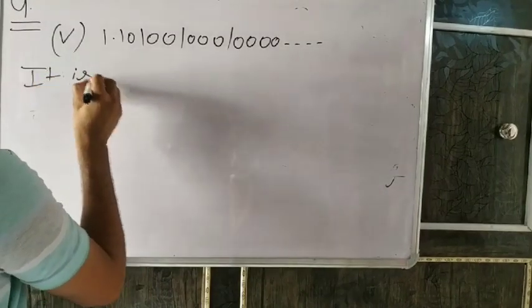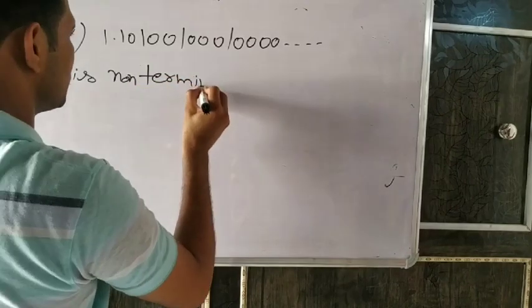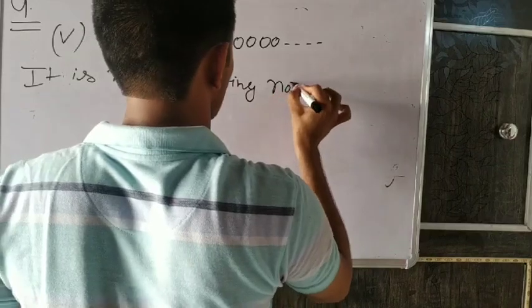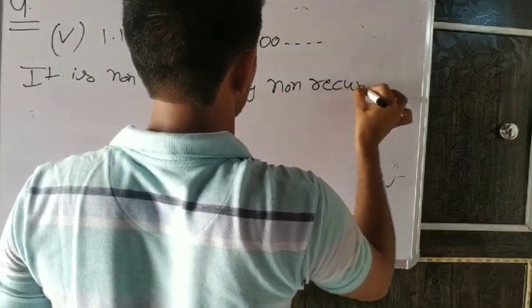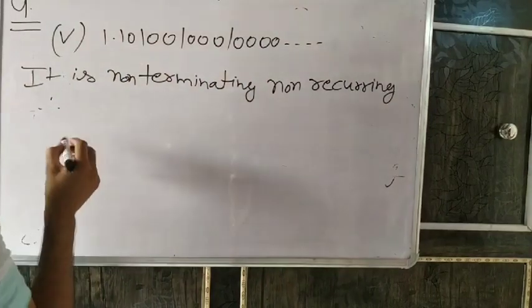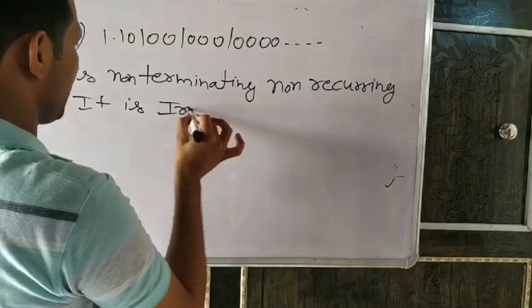It is non-terminating, non-recurring. Therefore, it is an irrational number.